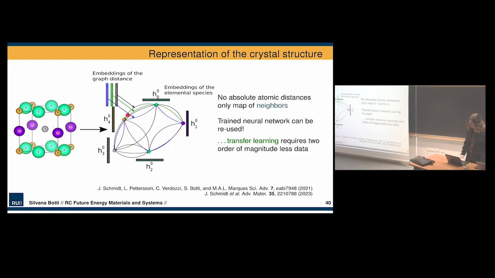And so we were giving information to the nodes, information on the elemental chemical species, and the edges of the graph contain embeddings of the distance, or coordination, between the atoms. So we were doing it up to a third order of neighbors, but without giving the exact bond lengths, exact distances.